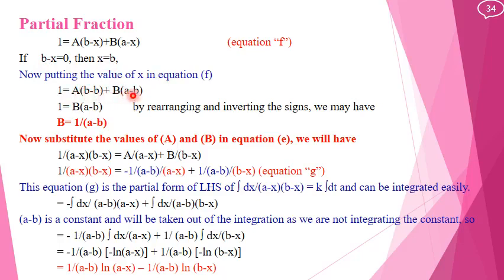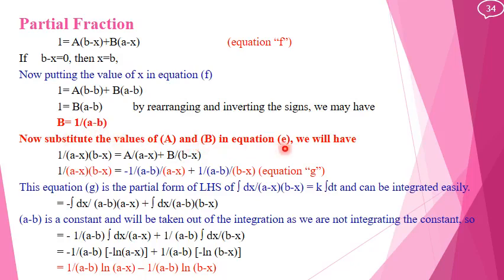Now putting the value of x in equation f, again we will have 1 is equal to A into (b minus b) plus B into (a minus b). Now this part will be 0 due to the b minus b being cancelled out, and A multiplied by 0 will be a 0 quantity. Now we have the value of B is equal to 1 over (a minus b).